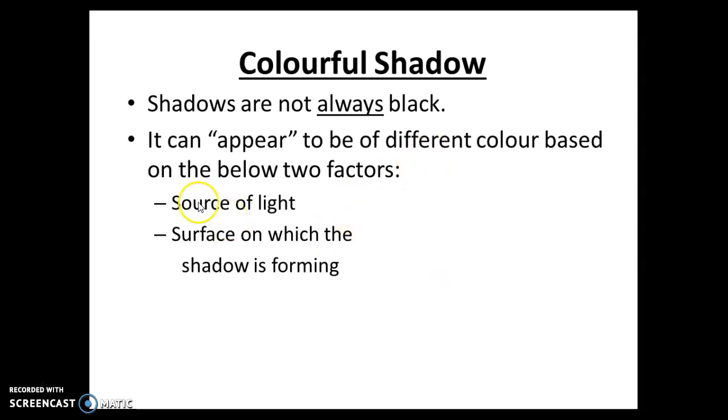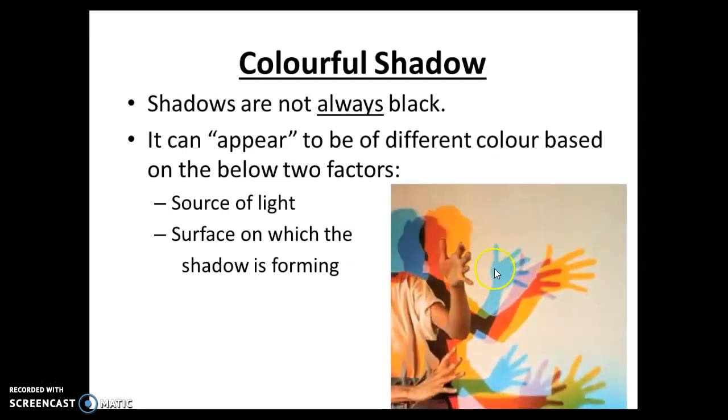The two things are the source of the light and the surface on which the shadow is forming. Due to these two things, the shadow can appear to be a different color. Please pay attention to the word appear. It will appear to be of a different color. It doesn't have any color of its own.